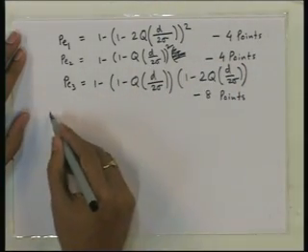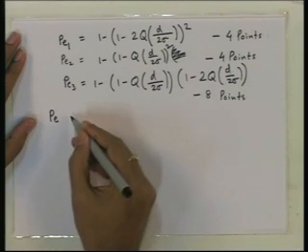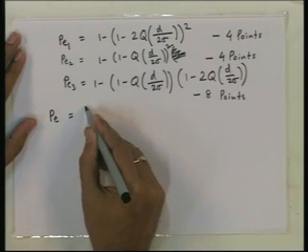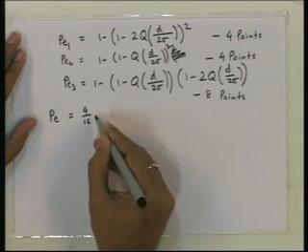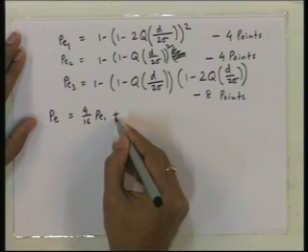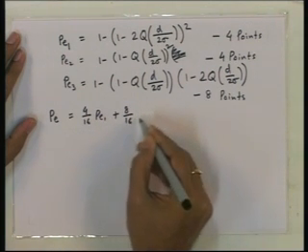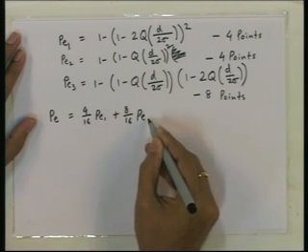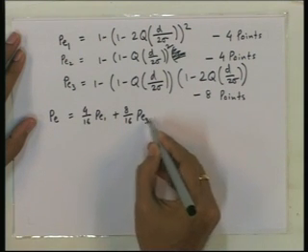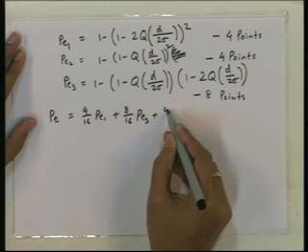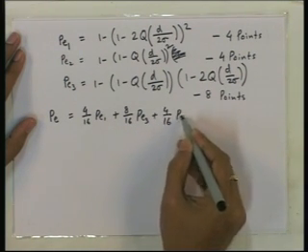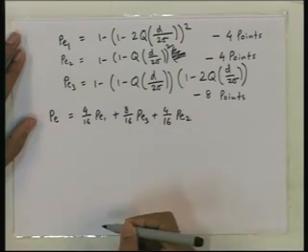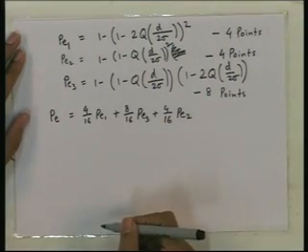So, average probability of error PE is 4 by 16 times PE1 plus 8 by 16 times PE3 plus 4 by 16 times PE2.